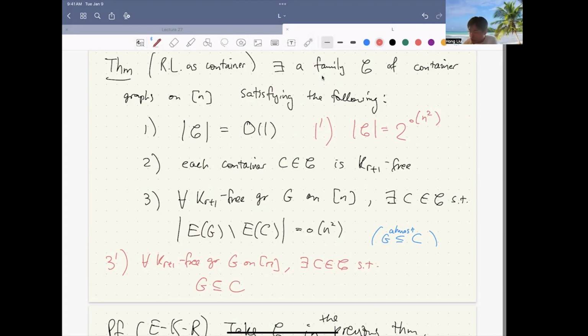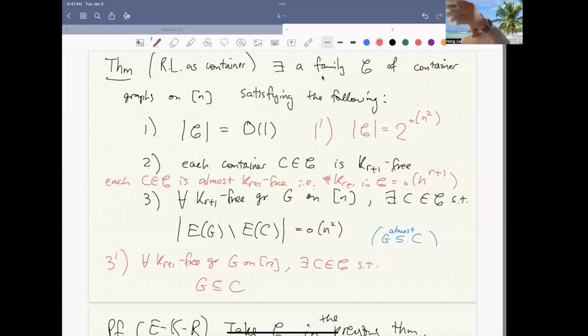And how you should change the second point: since the edges you sprinkle is little o(n^2), even though the resulting graph now is not K_{r+1}-free, this container, it's almost K_{r+1}-free. Each H in C is almost K_{r+1}-free, i.e., the number of K_{r+1} in C is little o(n^{r+1}). The K_{r+1} density is 0.